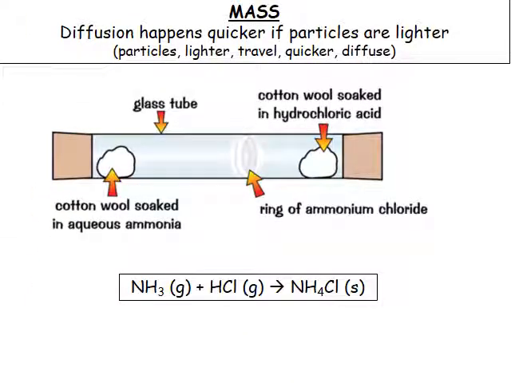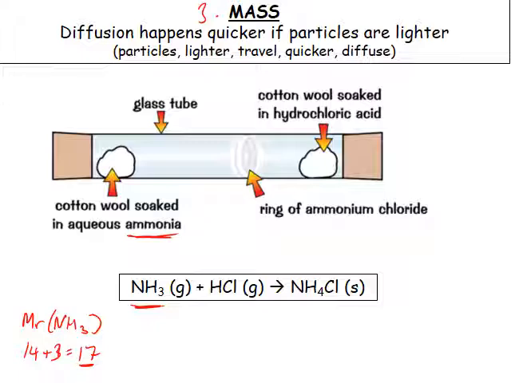The third factor which affects the rate of diffusion is the mass of the particles. Diffusion happens quicker if particles are lighter, because lighter particles travel quicker and therefore further. So if you look at this example here, in this apparatus, we have aqueous ammonia, which is NH3. The Mr, or molecular mass, of NH3 is 14 plus 3, which equals 17.